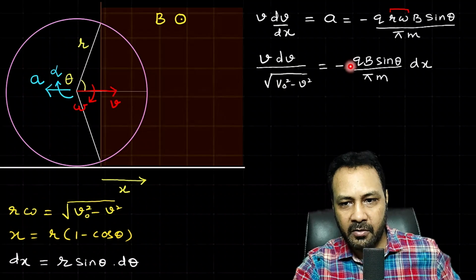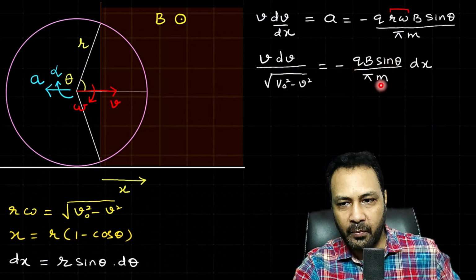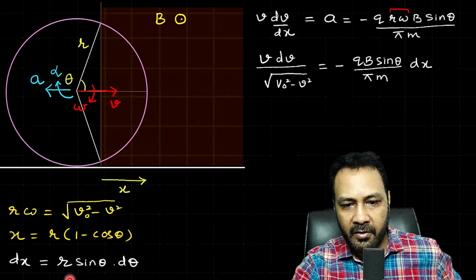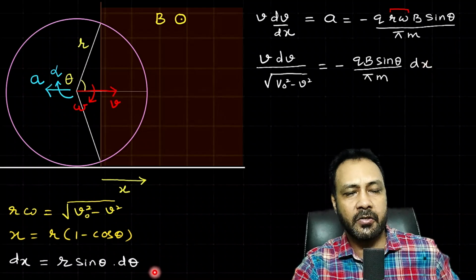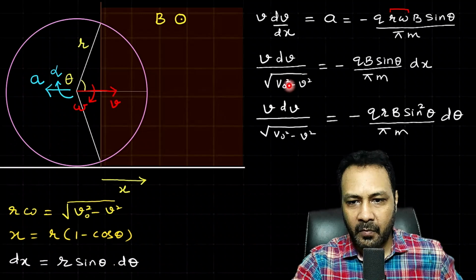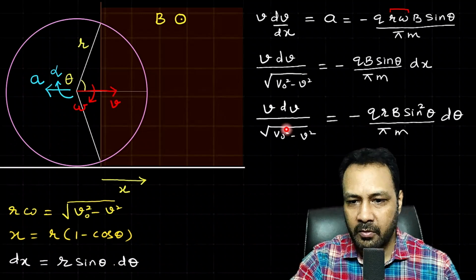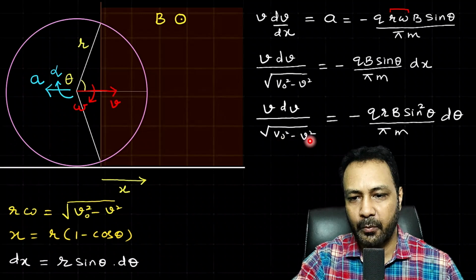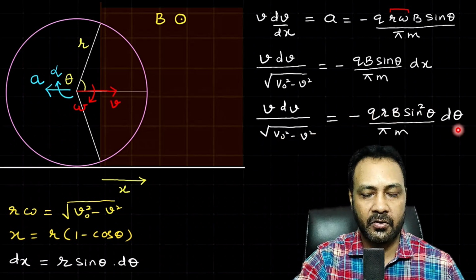That has come here, and this is minus qb sine theta by pi m, and dx I will write as r sine theta d theta. So I will get v dv divided by square root of v naught square minus v square is equal to minus qrb sine square theta by pi m d theta.